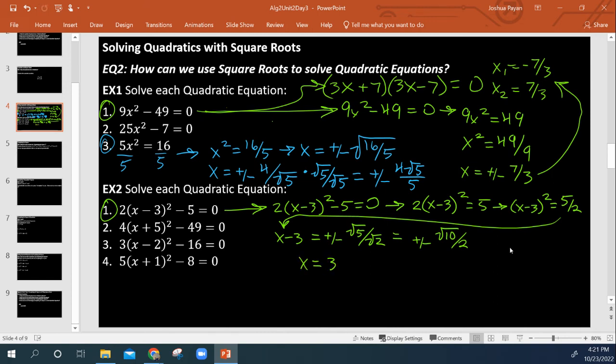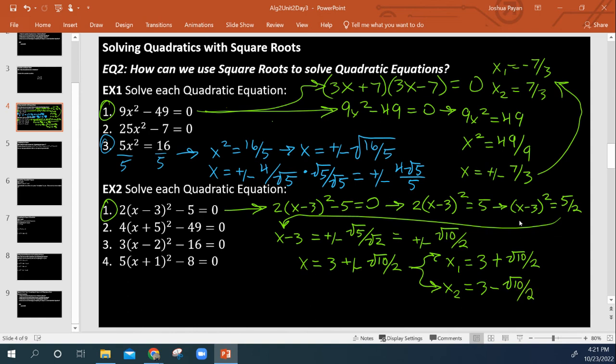And now I've just got 3 plus or minus the square root of 10 over 2. And what that means is one solution for x is that x is 3 plus the square root of 10 over 2. Or the other solution is that x is 3 minus the square root of 10 over 2.